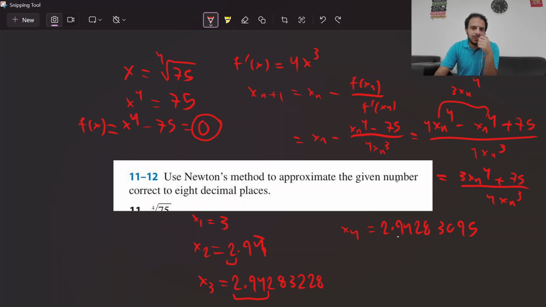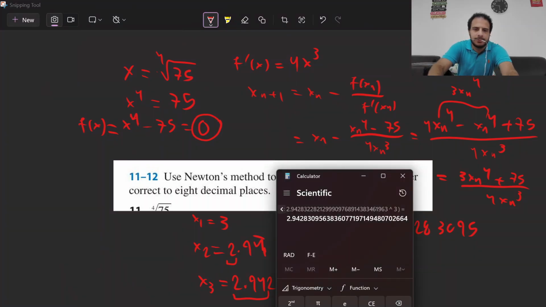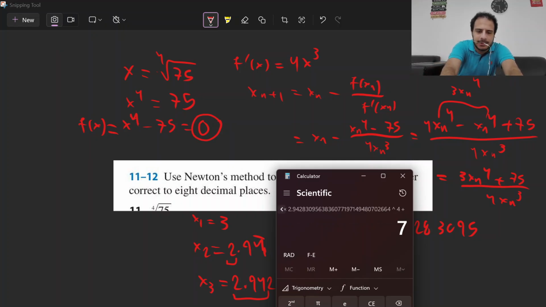So look at the right of the decimal point. We have 5 correct, right? So we still need 3 more digits. Good? x5. Now Control C, open 3 times Control V power 4 plus 75 close divide open 4 times Control V cubed close.